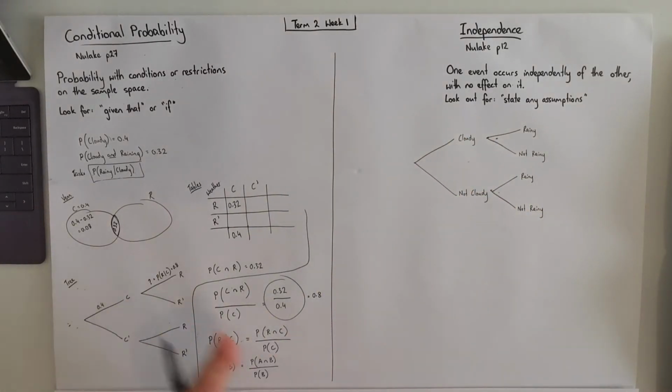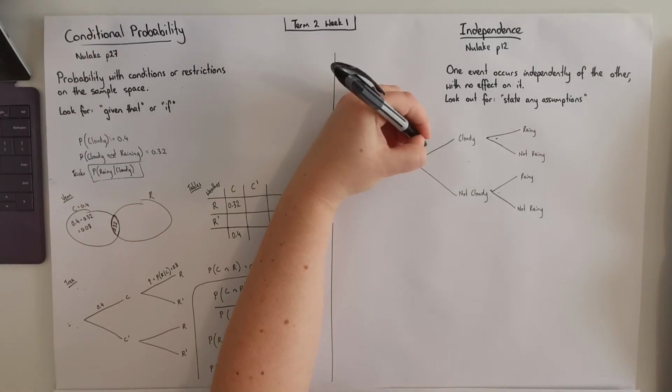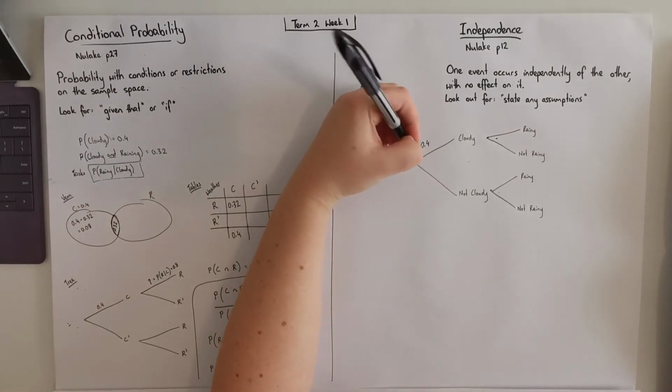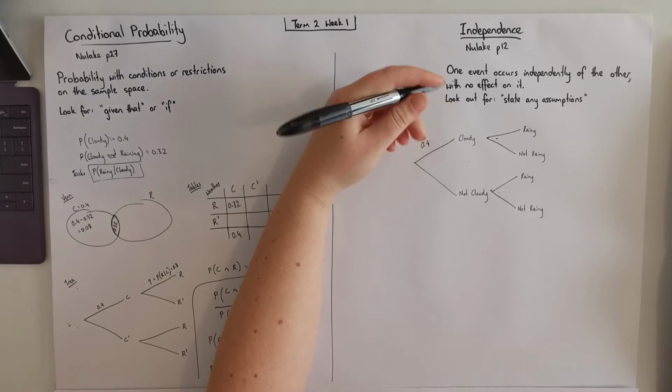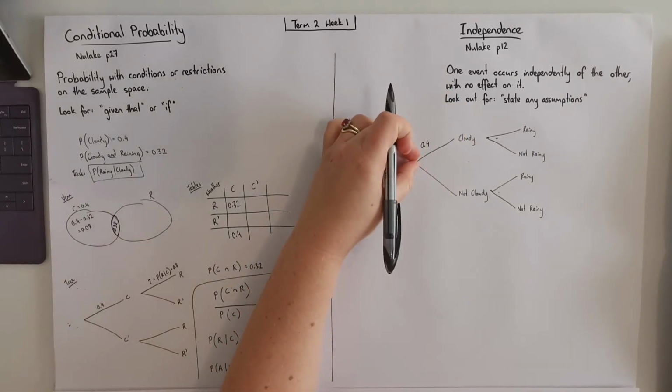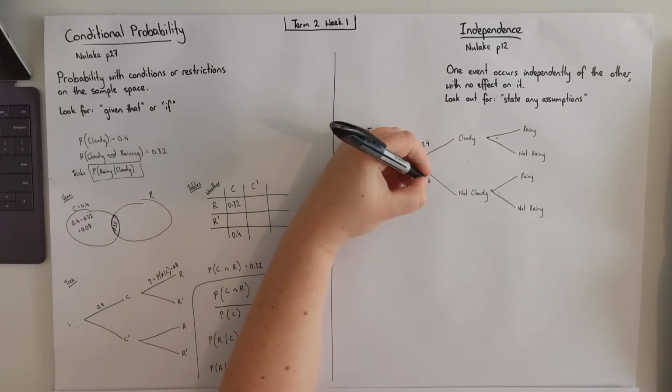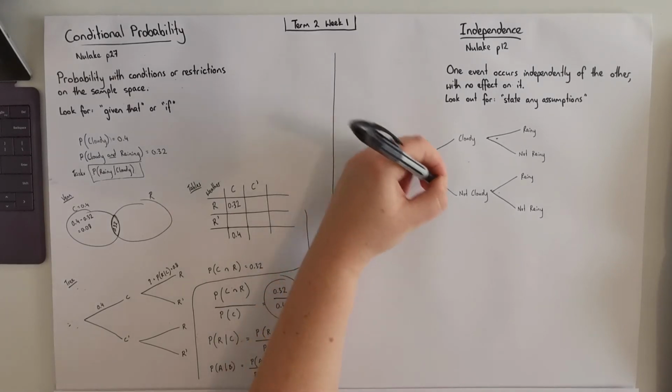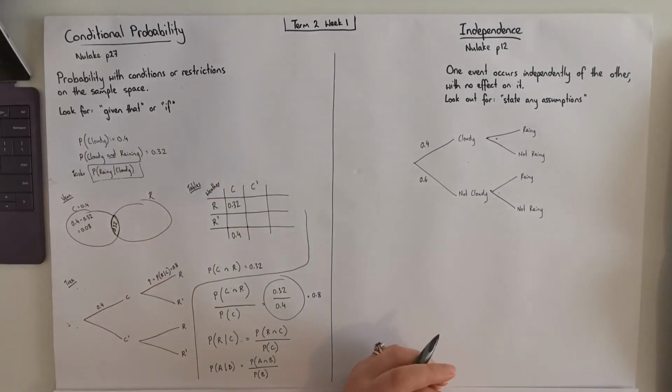Now, from the task that we completed previously, we already knew that this here was 0.4, the probability of it being cloudy. As I'm working with the complement, this must be everything that's not 0.4, meaning the probability of it not being cloudy must be 0.6. Probabilities add to 1.